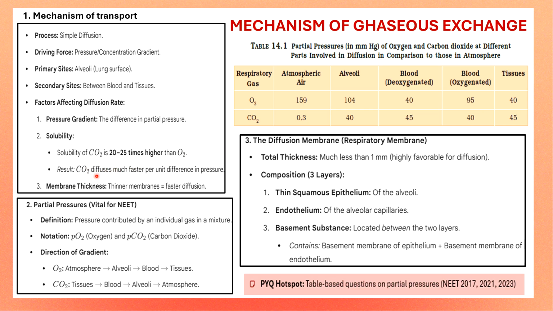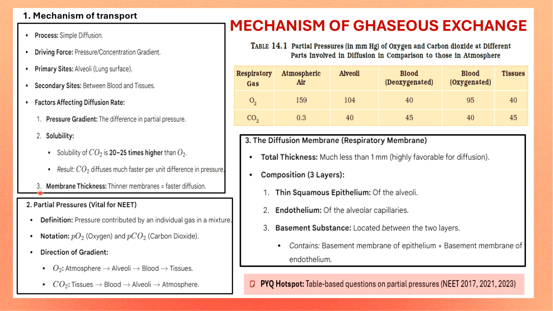So carbon dioxide will diffuse at a much faster rate for a unit difference of pressure. That means if there is a pressure difference of 5 millimeter Hg, the amount of carbon dioxide that will diffuse in the blood is very high compared to oxygen.